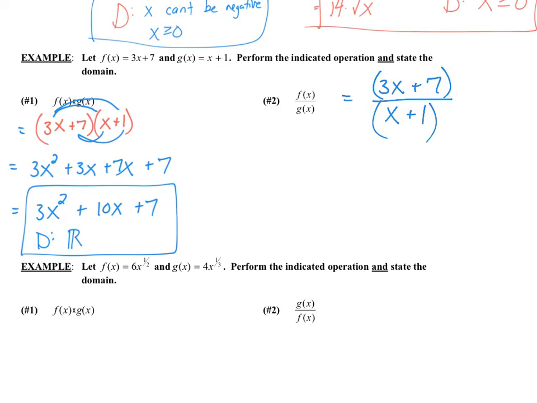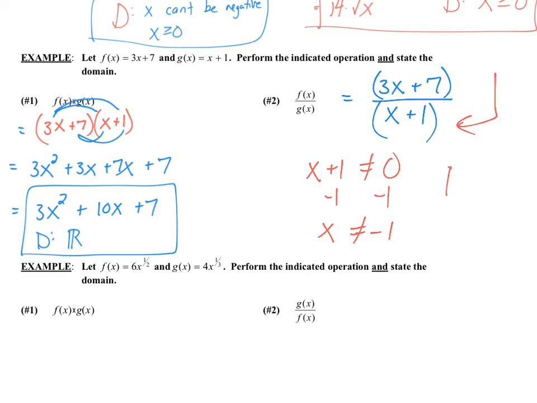And now to find the domain, there is a fraction now. The bottom is x plus 1. What we know about a fraction is the bottom cannot equal 0. So x plus 1 cannot equal 0. If we subtract 1, we see that x cannot equal negative 1.